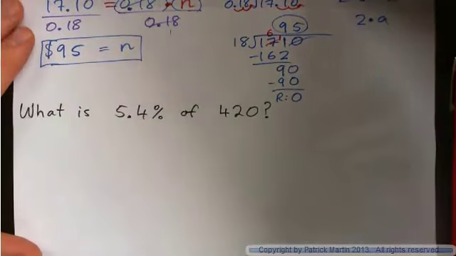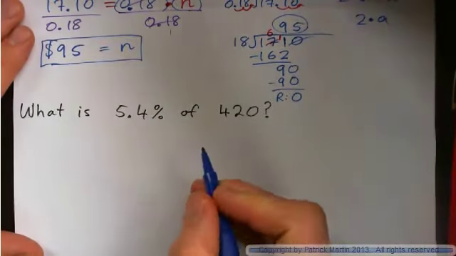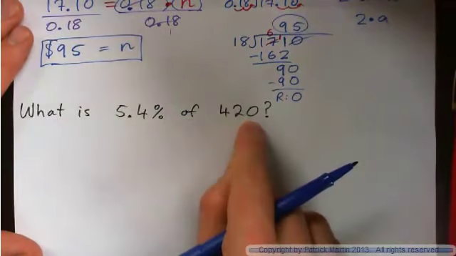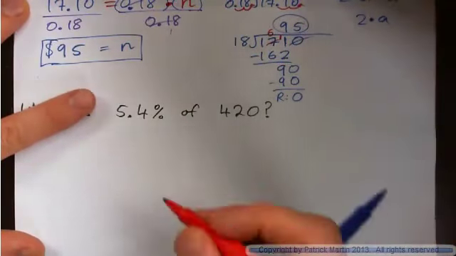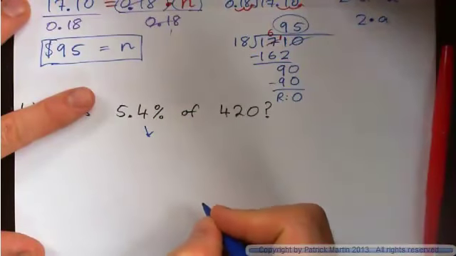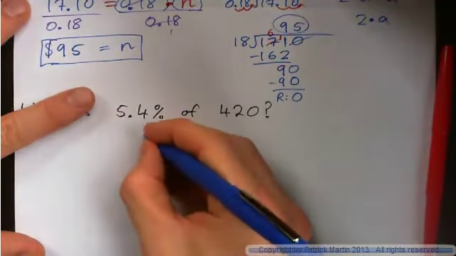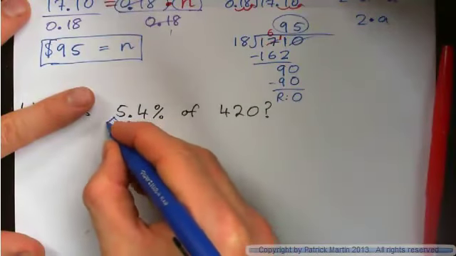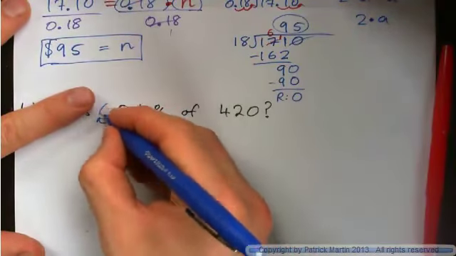Just throw it in here at the end of the video, just to see how you're going to do with it. All we have to do is get 5.4% of this. So we just have to turn this into a decimal. Move the decimal point 2 spaces to the left, and stick in a placeholder 0.